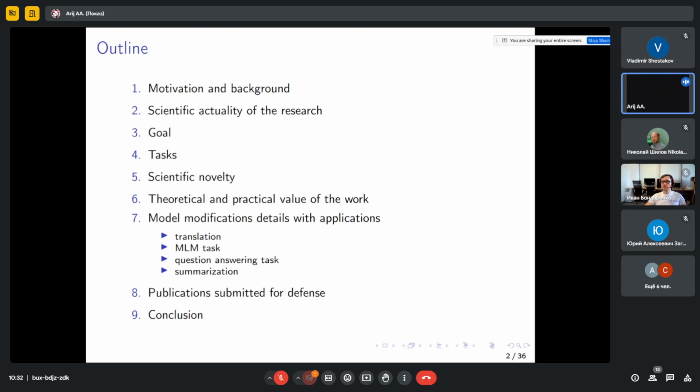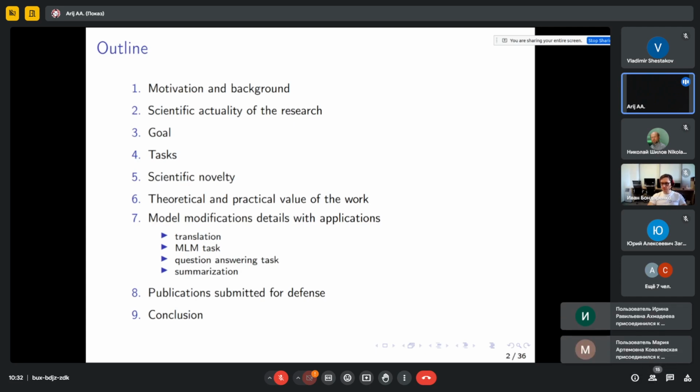The second part is dedicated to introducing the results of experiments on different structural modifications proposed in this thesis and their application on different NLP tasks such as translation, masked language modeling, question answering and summarization.